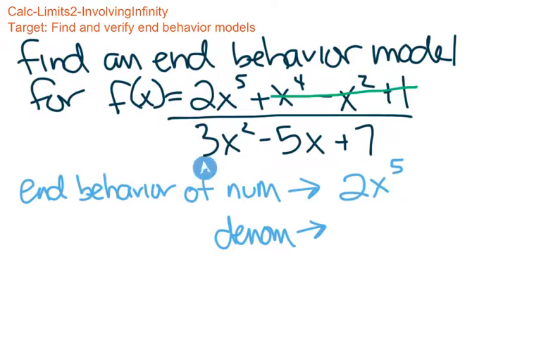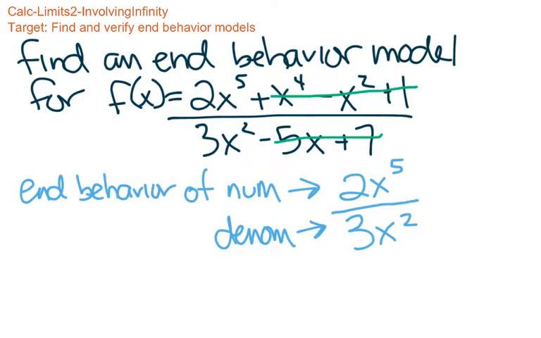The end behavior of the denominator is 3x squared, because when x is really large, all that other stuff does not matter. So we end up with this result here, 2x to the 5th over 3x squared. So that works. That's an end behavior model.